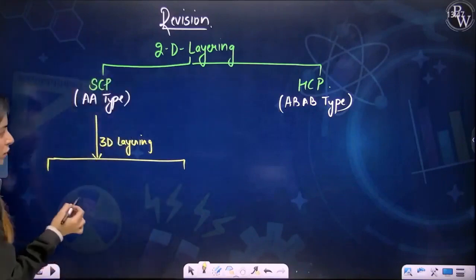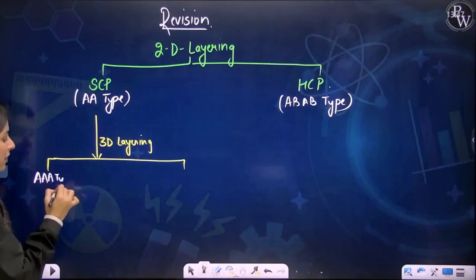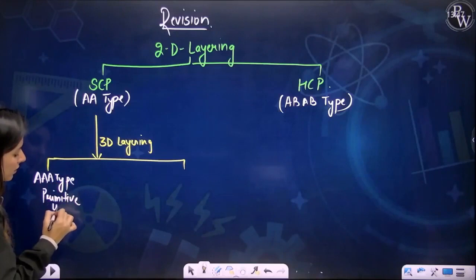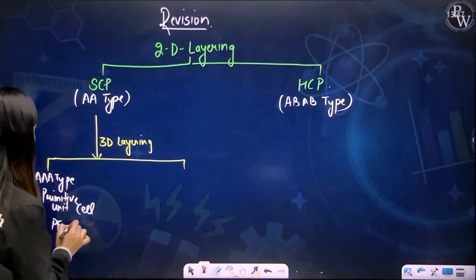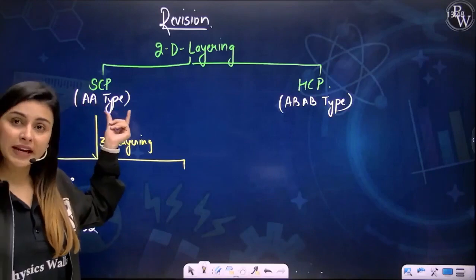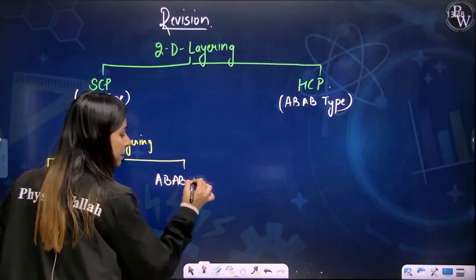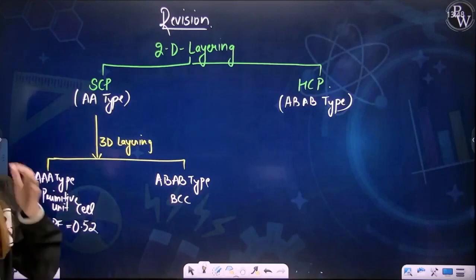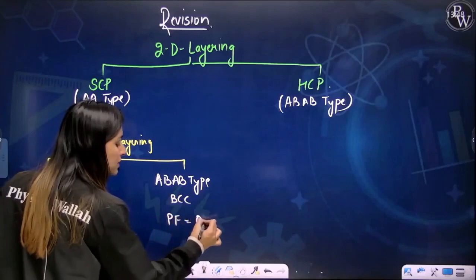If it was AA type of layering, I would get a primitive unit cell, and the packing fraction of this unit cell would be 0.52. And if I didn't go with AA type, I went with ABAB type layering. And if I went with ABAB type layering, I would get a BCC lattice, that is body centered crystal system, and the packing fraction would be 0.68.